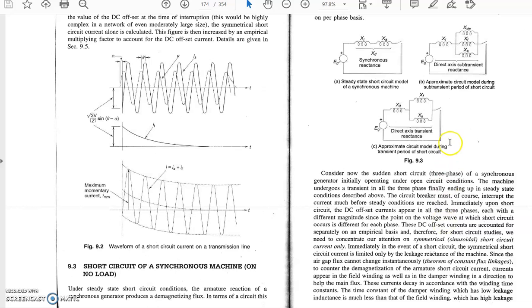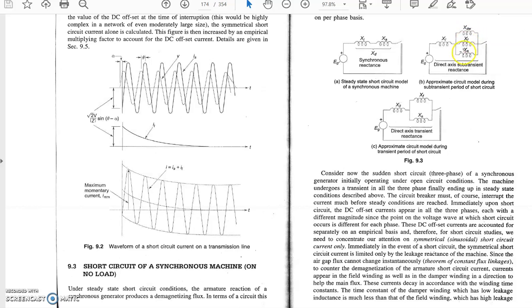At t equals 0, the sudden short circuit occurs. Then at t equals 0 plus, current appears in the damper winding as well as in the field winding, which come in parallel with the armature reaction reactance.